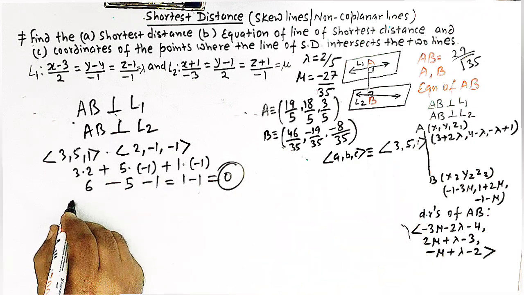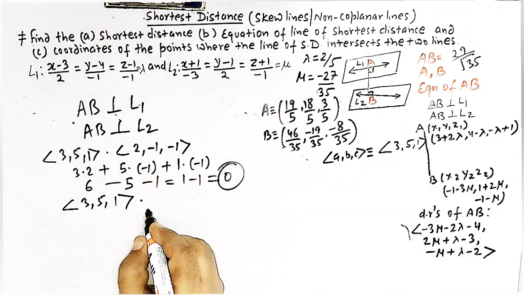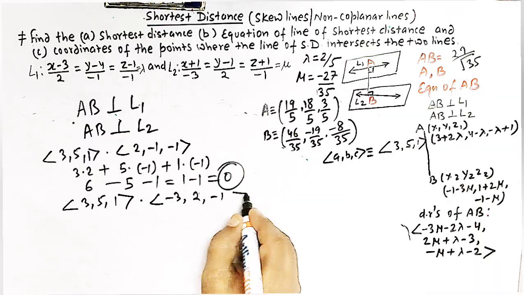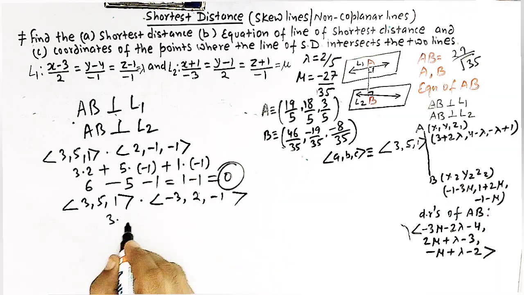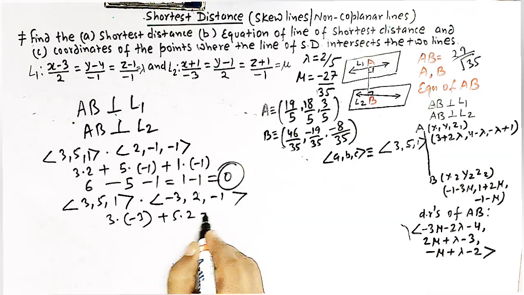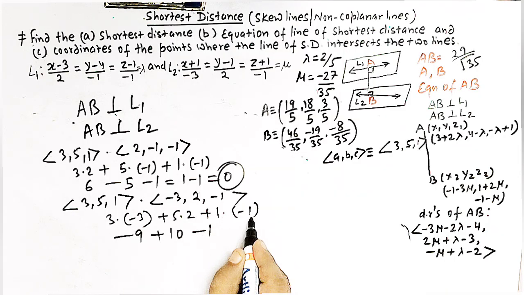Similarly, we can verify the condition for AB perpendicular to L2. The direction ratios are 3, 5 and 1, and here we have the vector minus 3, 2 and minus 1. So we have 3 times minus 3, then we have 5 times 2, then we have 1 times minus 1. So this is minus 9, this is 10, this is minus 1.